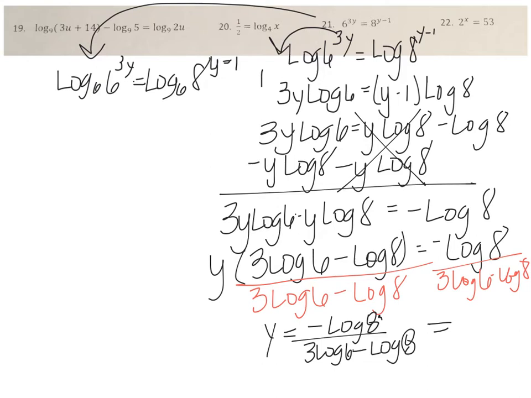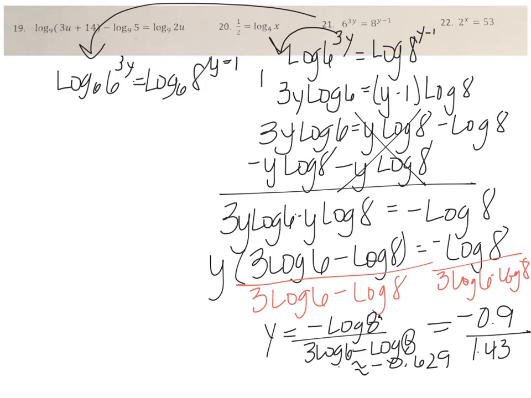So I have the log of 8, which is 0.9, so negative 0.9 in my numerator, divided by 3, let's see, log of 6 times 3 equals that minus the 0.9, and I get 1.43, so 0.9 divided by 1.43 is, and it's negative, so approximately negative 0.629.